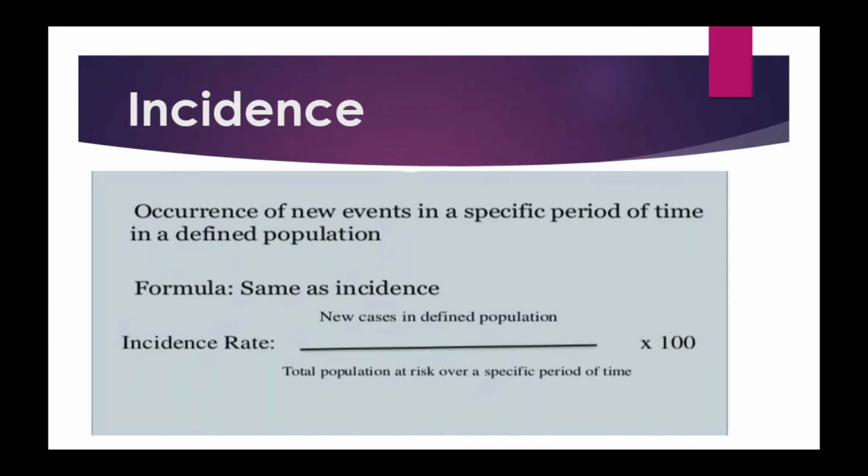If the population at risk is 1000 in a year, the incidence rate would be 100 divided by 1000, multiplied by 100. So it is about 10%. By this formula we can calculate the incidence rate.